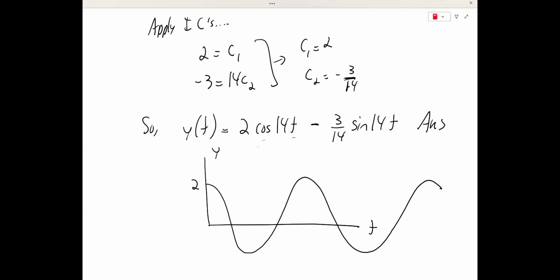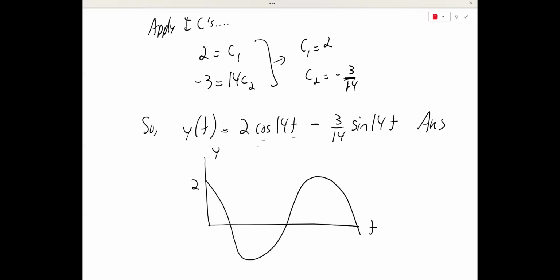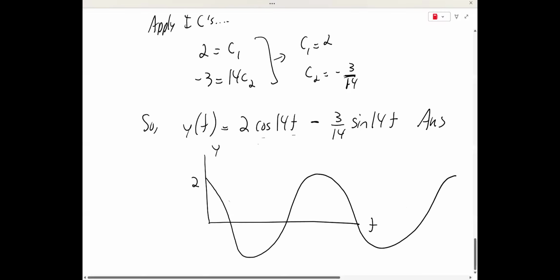It has an initial velocity, so maybe not quite like that. Maybe it'd be going down more like this. Because of the initial velocity, the tangent line would not be horizontal there. So something like this it would be. Okay, so anything on that? Okay, I should fix my picture for next time.